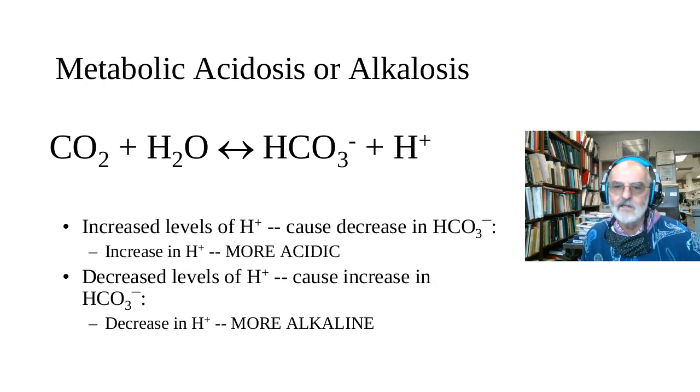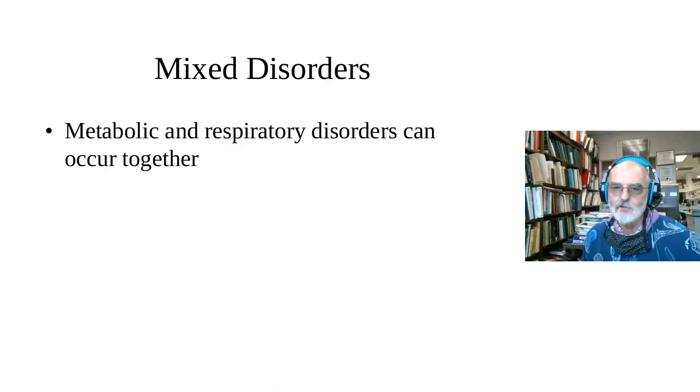And likewise, the bicarb. If the bicarb goes down, that's less base, more acidic, an increase in protons. If the bicarb goes up, that's more base, more alkaline, a decrease in protons, that's higher pH.